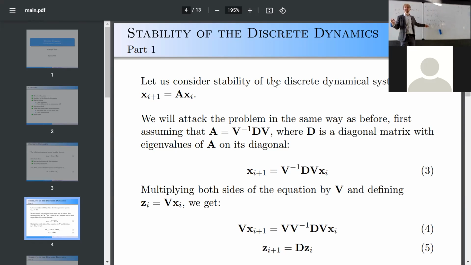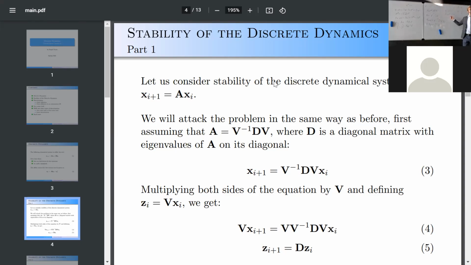Now I denote a new variable. The new variable will be called z, which will be equal to V times x sub i. In terms of the new variable, we have z sub i plus 1 is equal to D times z sub i. This is a diagonal matrix.